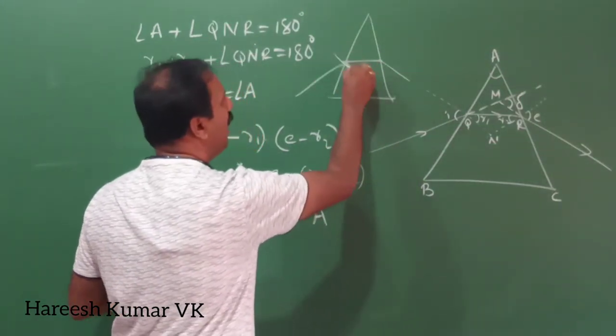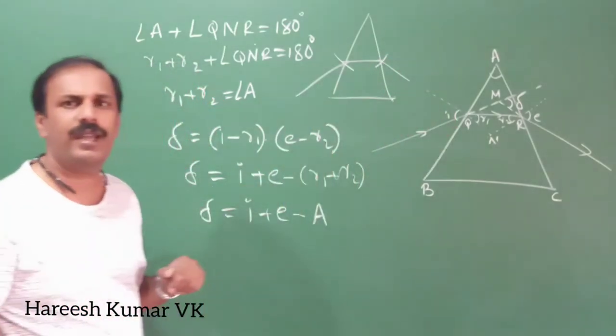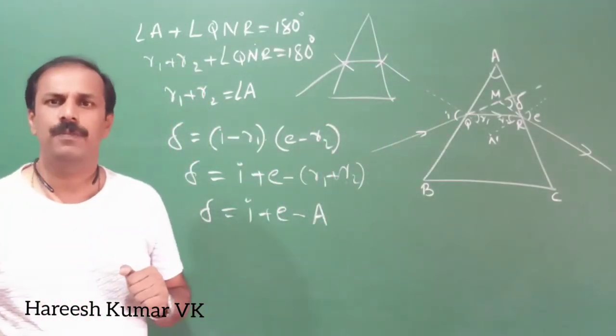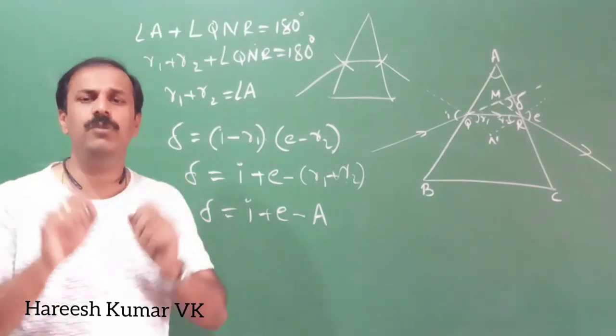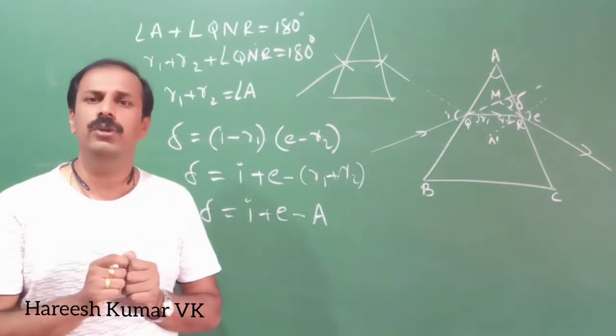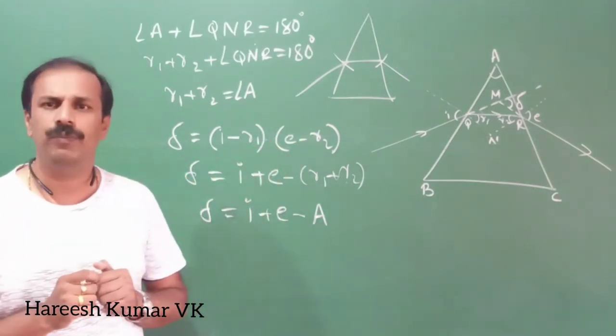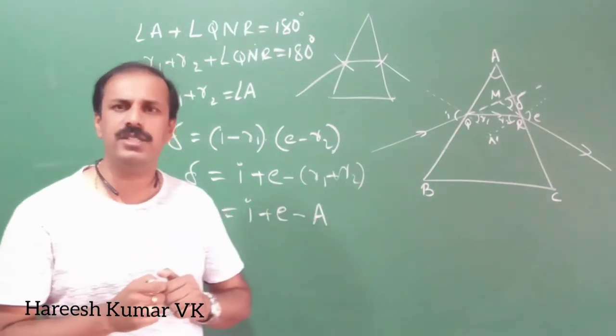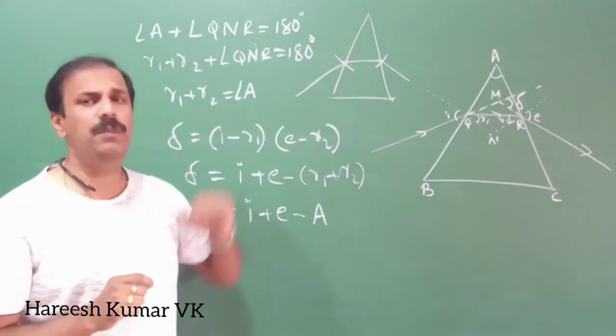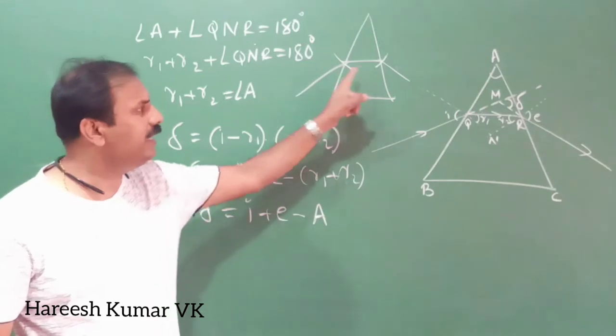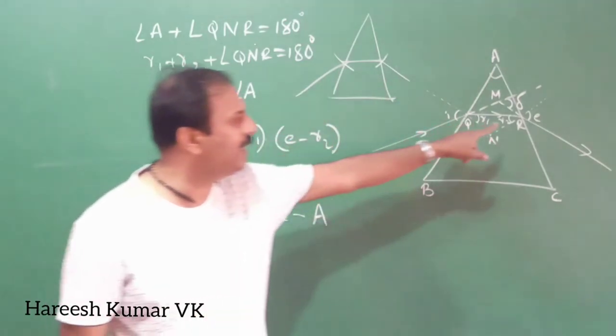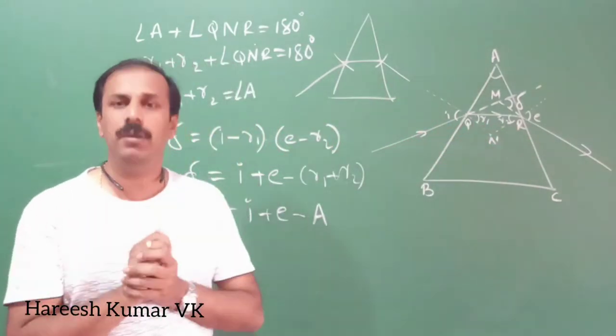Here you have angle I, E, everything in the triangle. Now this deviation is not the same always. For a particular value, the deviation will be minimum. Geometrically, if you check, you can see the deviation will be minimum when I is equal to E. When I and E are equal, you will get the minimum deviation.